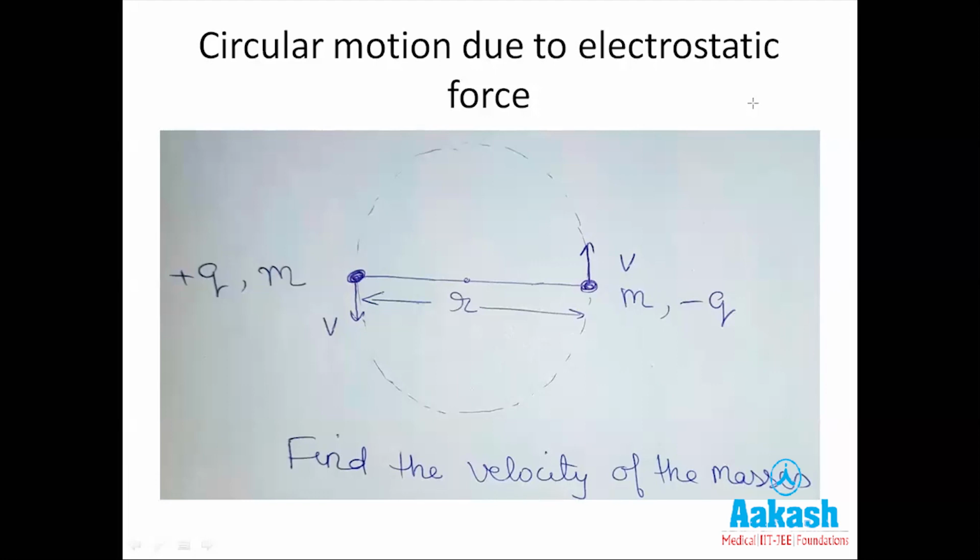Normally these two particles, because they have opposite charges, have a tendency to come towards each other. The force on this m will be in this direction, but because we have given some velocity, this force, instead of bringing the two masses together, will be a source of the centripetal force. And if we just equate this force with the centripetal force, we can get the answer.